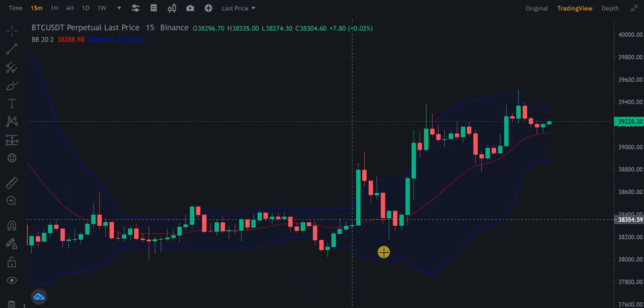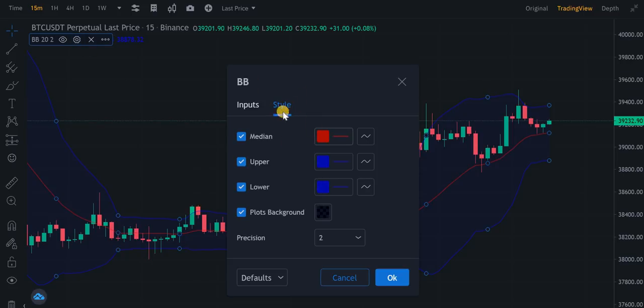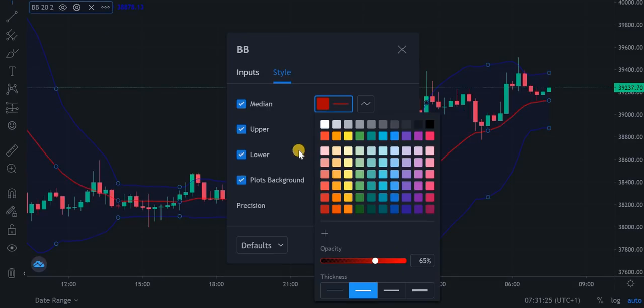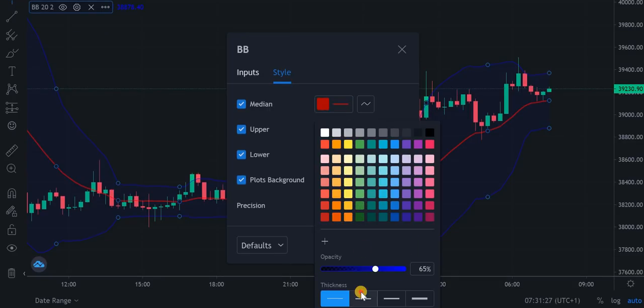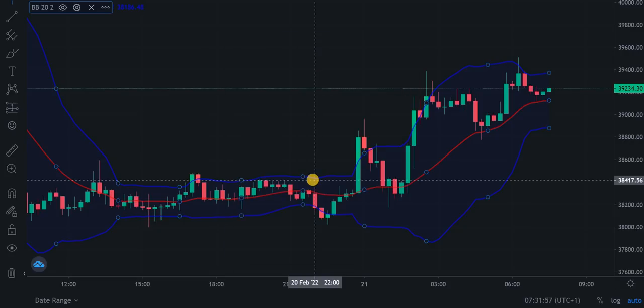This right here, as you can see, is the Bollinger Band. Now let me make these lines a little bit bold so you can see this clearly. I would go to the settings right here and I would have to change the style. I would click on OK. Now you can see the Bollinger Band clearly in the price chart.